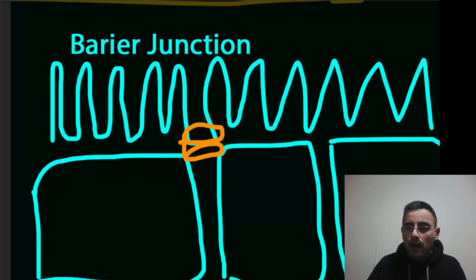There are two types of barrier cell junctions, and I will paint them in another color to illustrate well.